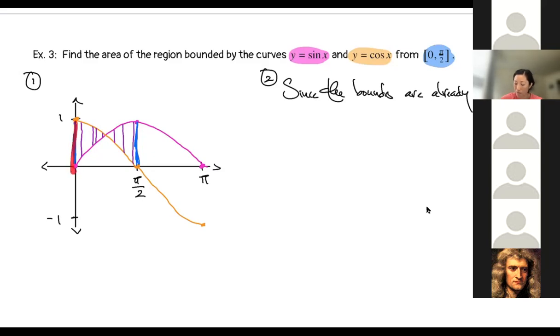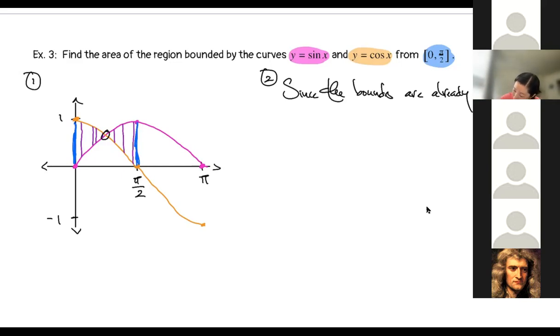We already have where we're starting and where we're stopping, but what might be an additional piece of information that would help us move through this problem? Knowing where they cross precisely. And so what we want to think about is, where do they cross? Because where they cross is going to help us set up our bounds for the 2 integrals.